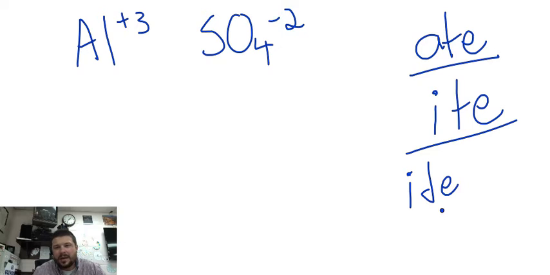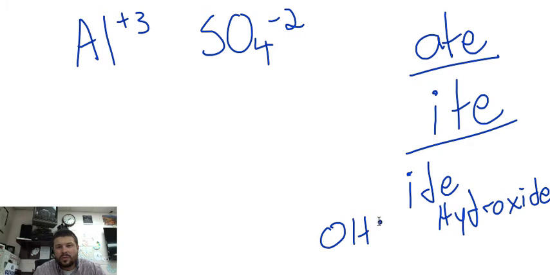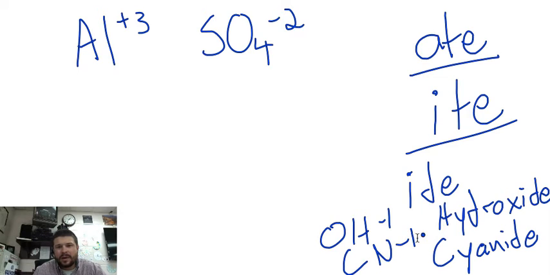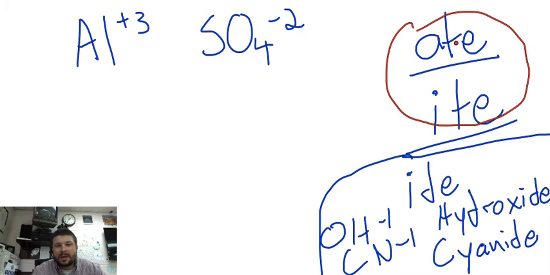The IDE with hydroxide, right? That's OH1-, and cyanide, which is CN1-. All right, those are the only exceptions to the ITE or ATE rule. All right, if it ends in ATE or ITE, then it's going to be a polyatomic.